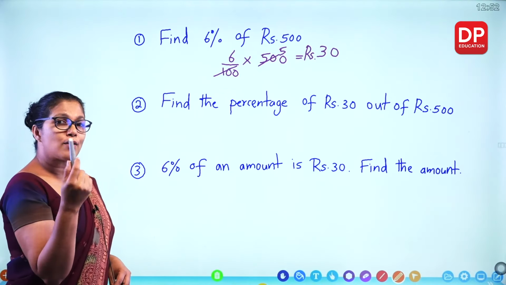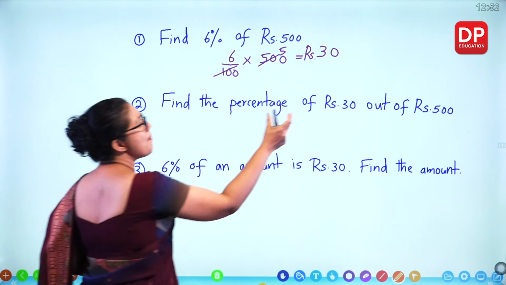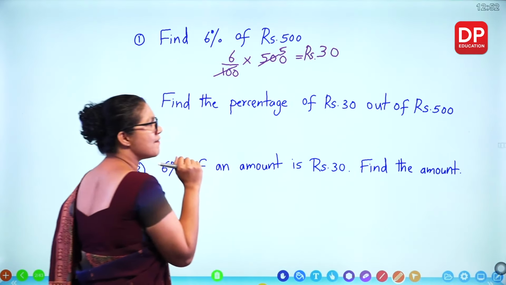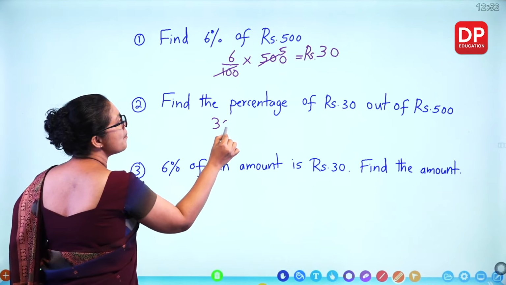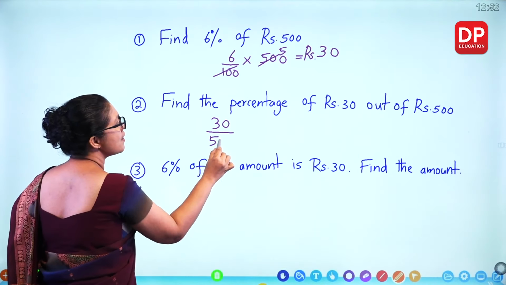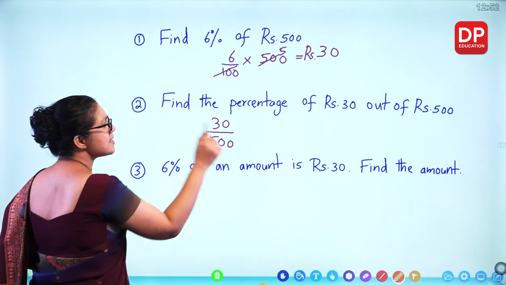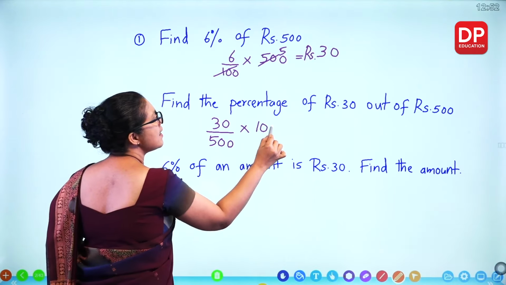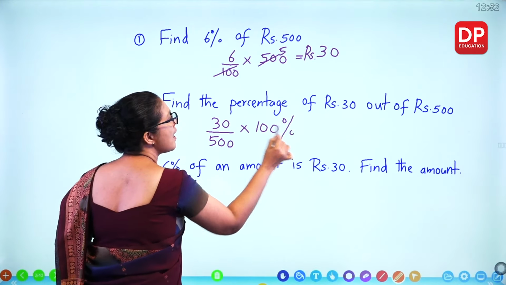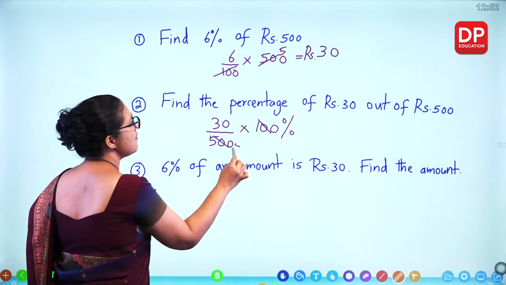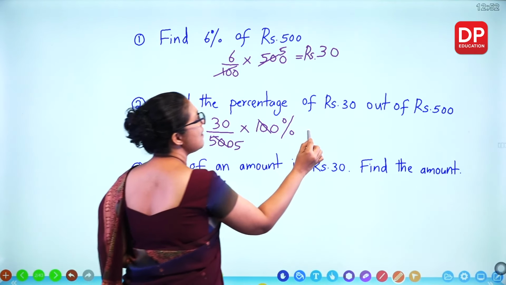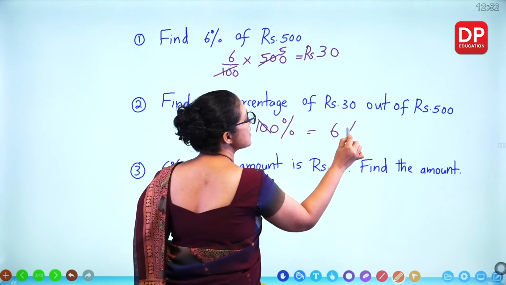So you are asked to calculate the percentage and the part and the full amount is given. So how do you do that one? So 30 rupees out of 500. As a percentage, you multiply by 100 and divide by 100. So what you get? 100 times 5, 30 divided by 5, you get 6%.